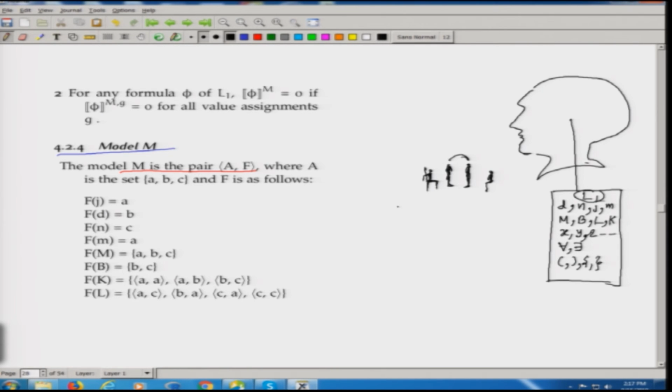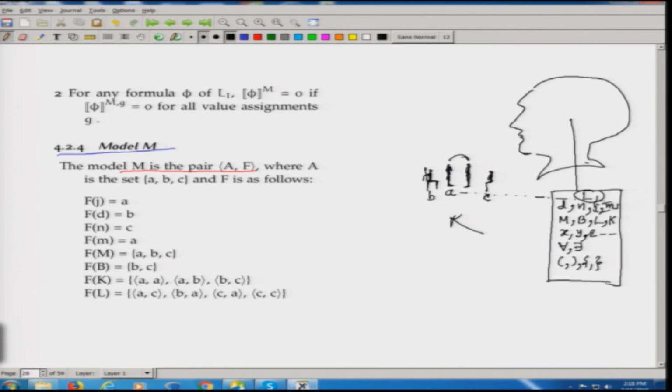The reality consists of 3 things: A, B, and C. A is one person who has 2 names, J and M. So, A is connected with these 2 names, J and M, and then you have B and C. You call B D, and you call C N. So, their names are D and N. They are not D and N, they are A, B, and C. Imagine or pretend, assume that they are real individuals.